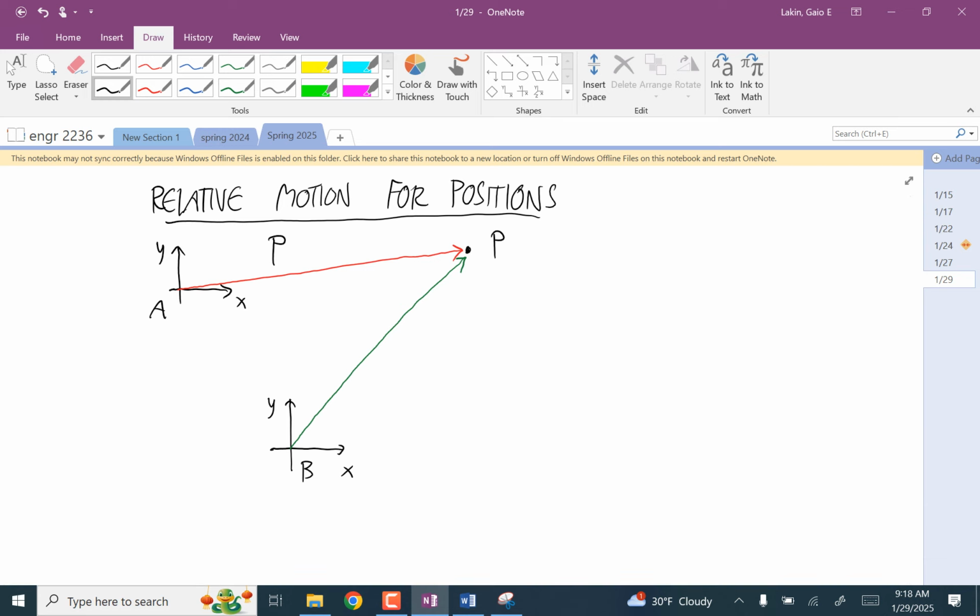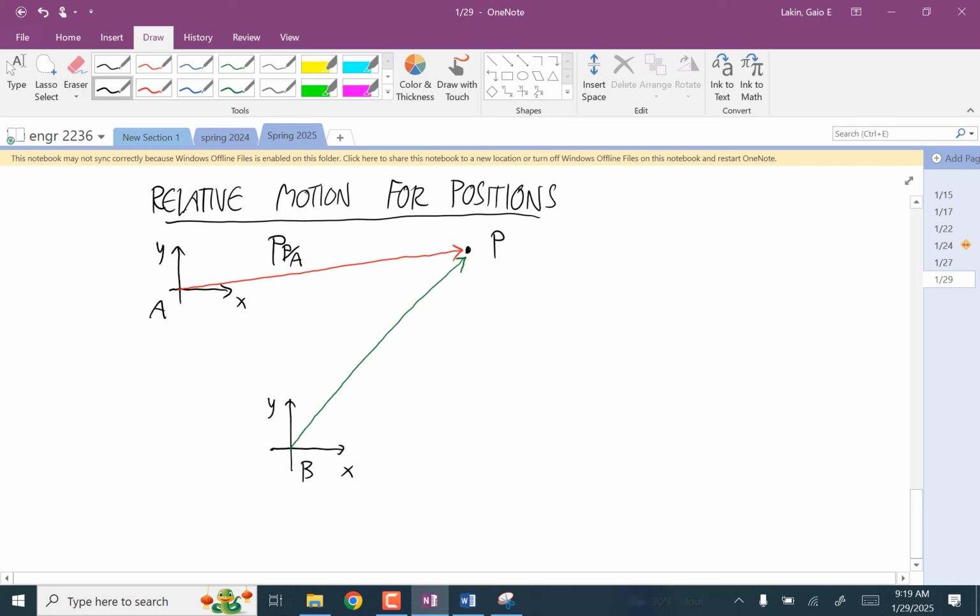What that notation is for relative motion? Anybody do relative motion in Physics 1? Oh, if you didn't do it, it's hard to remember. Okay, so it's the position of the point P relative to A. So there's the notation. Position of P relative to A.